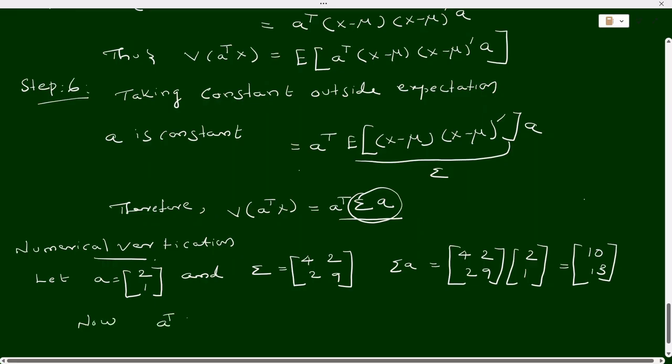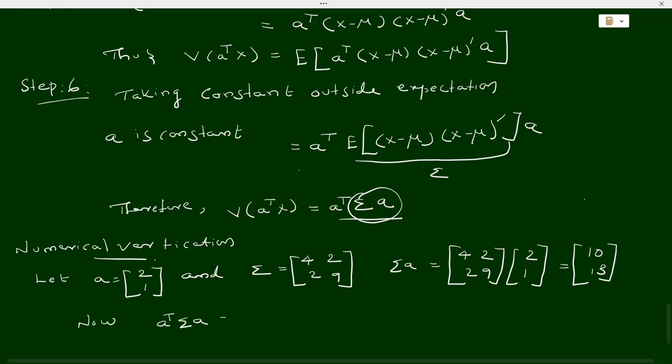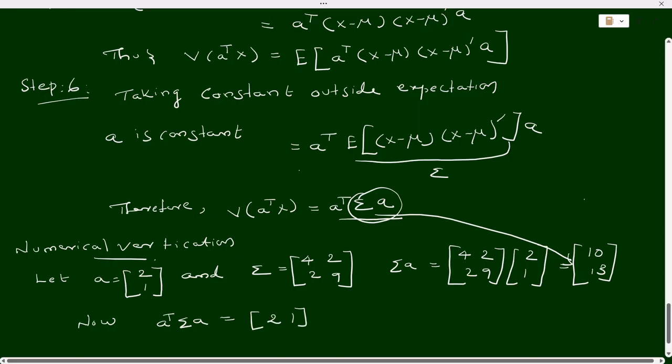A transpose sigma A is equal to, so now we got this value, 10, 13, and we are going to multiply that with A transpose. A transpose can be written like this, that is 2, 1, and sigma A is 10, 13.